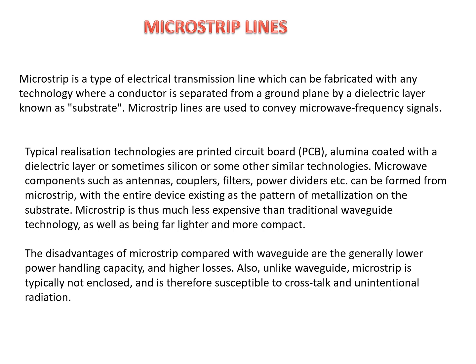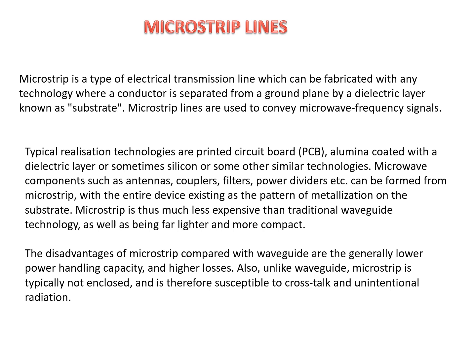Typical realization technologies are printed circuit board, alumina coated with a dielectric layer, or sometimes silicon or some other similar technologies. Microwave components such as antennas, couplers, filters, power dividers, etc. can be formed from microstrip with the entire device existing as the pattern of metallization on the substrate.